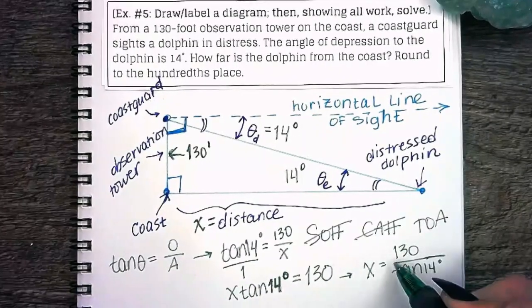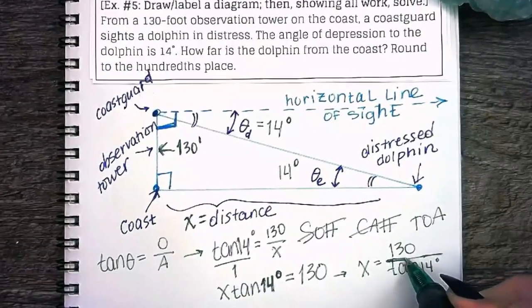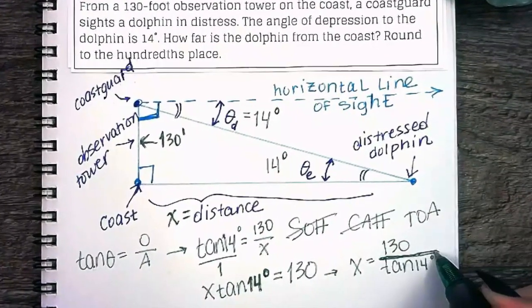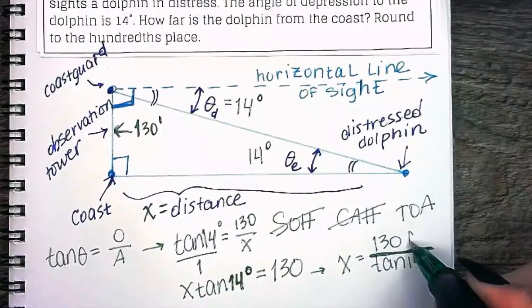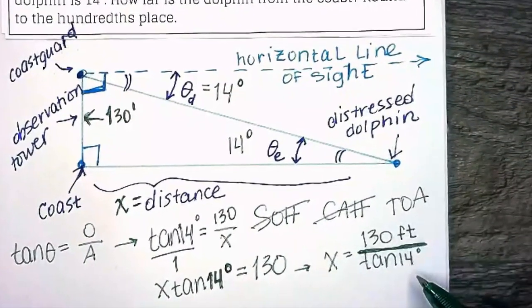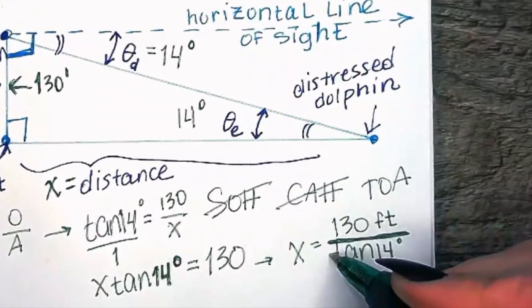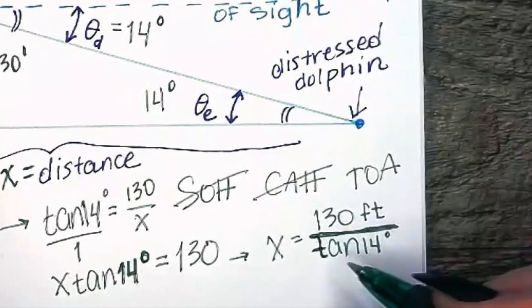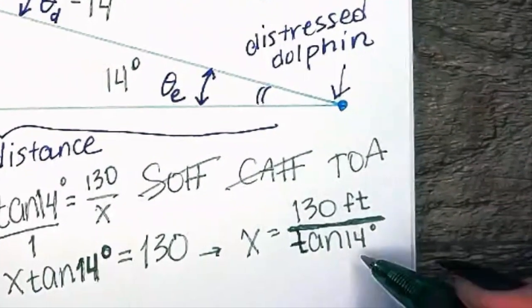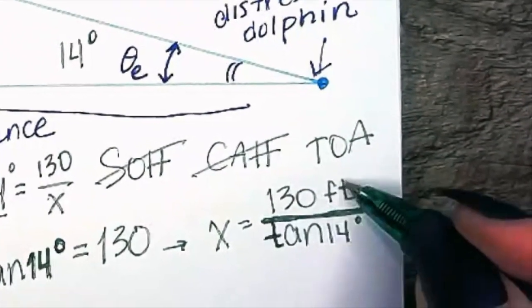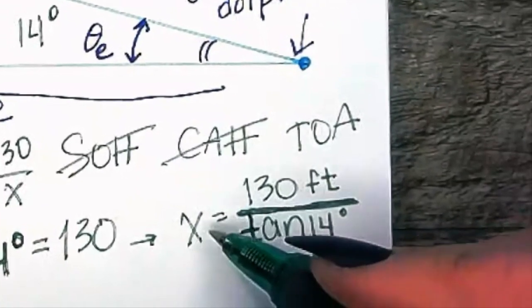Now, another thing I feel inclined to mention, 130 does have units. 130 is in feet. When we find the tan, the sine, the cosine, any trig function of an angle, our answer is a ratio, and we said that ratio doesn't have units. And that's why the units of feet will carry over onto x.